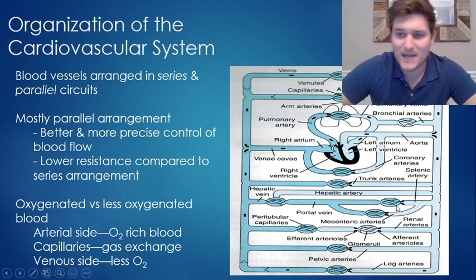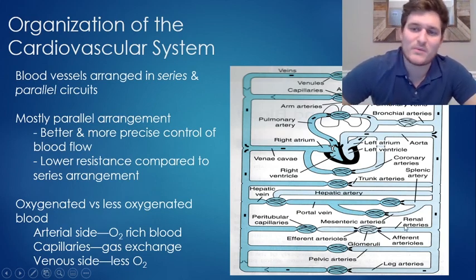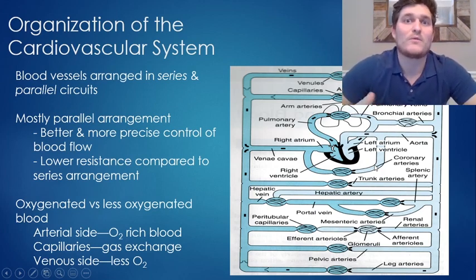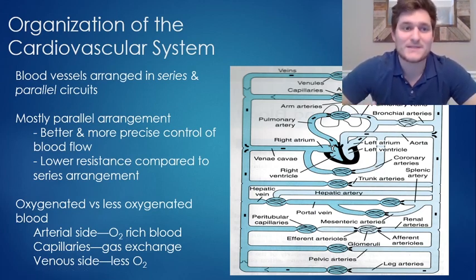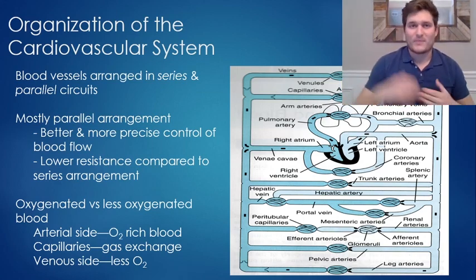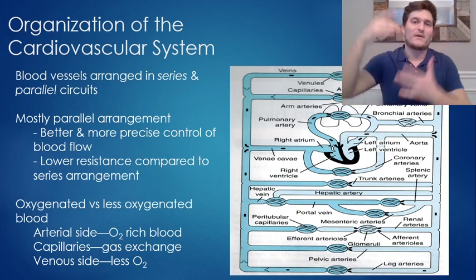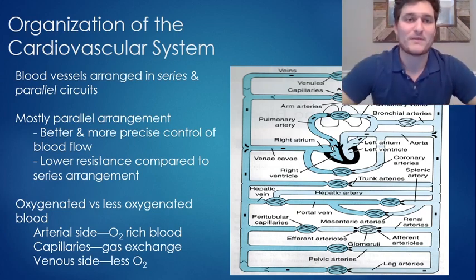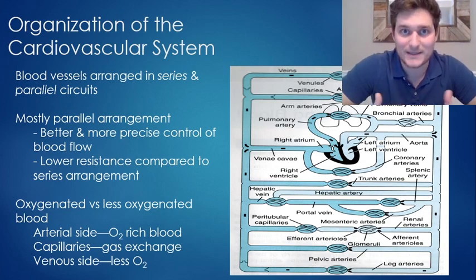Instead, we could take the blood that was going to those areas and deliver it to the skeletal muscles and the heart in order to keep up our intensity of exercise. So this is one benefit of a parallel arrangement: you can better choose and control blood flow throughout the body depending on what the need is at that current time.